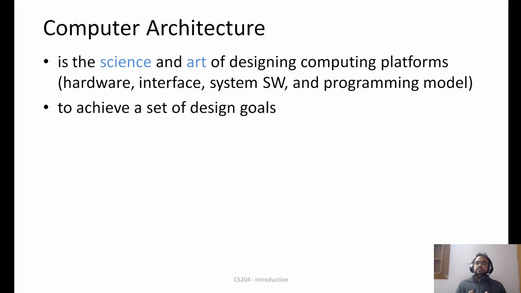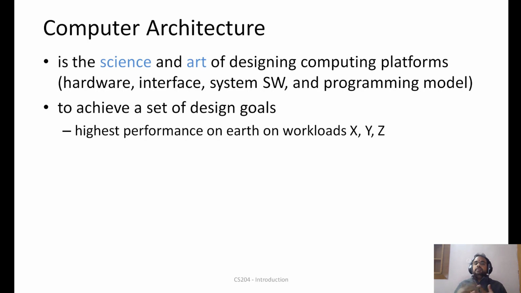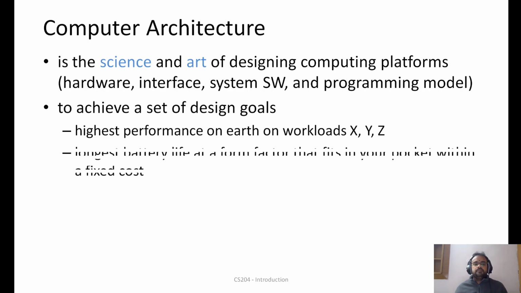Why do we design these, or why do we refine them? It is to achieve some set of design goals. For example, it can be that we want to build a chip that gives us the highest performance for some particular workloads, namely X, Y, or Z. This can be one design goal.